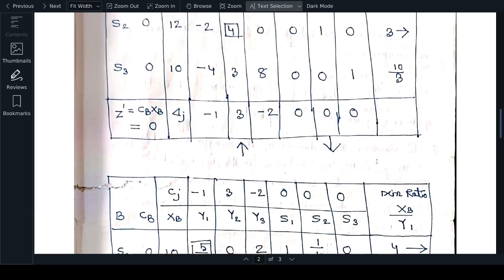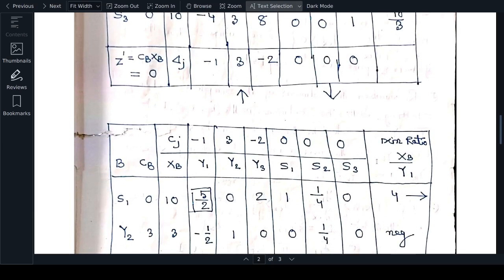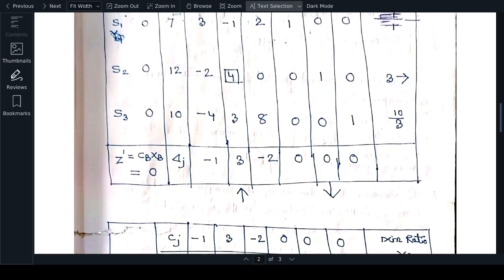Okay, so next one is what? How to calculate the third row? 10 value, how to replace?